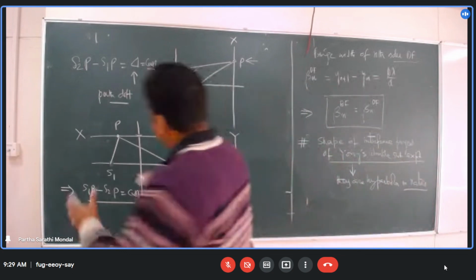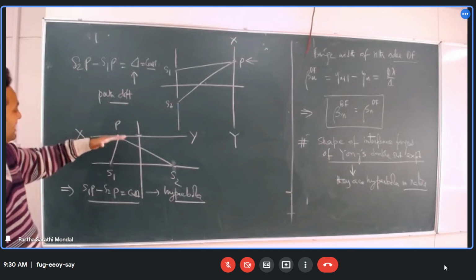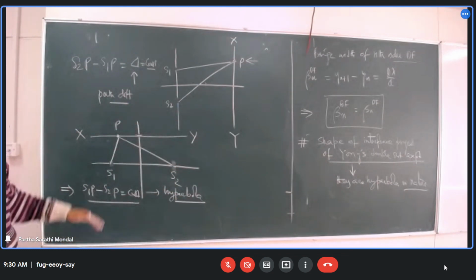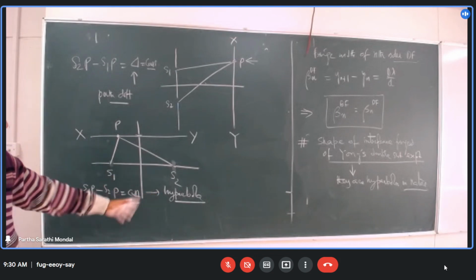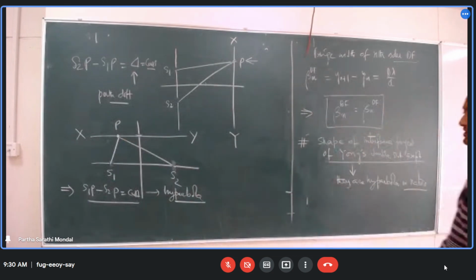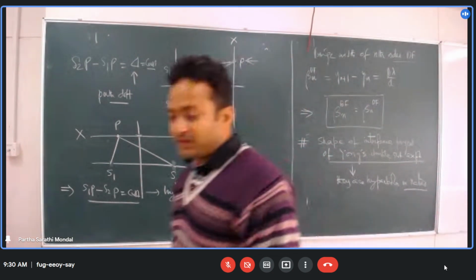Actually, in space it is a hyperboloid, but when you place a screen XY, it will cut the 3D hyperboloid and give you a 2D hyperbola. Okay, so in 3D it is a hyperboloid, but on the screen it will give you a hyperbola. Okay. So that's all for Young's double slit experiment.